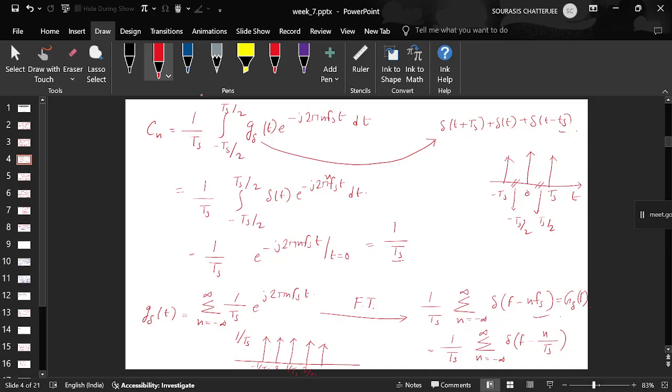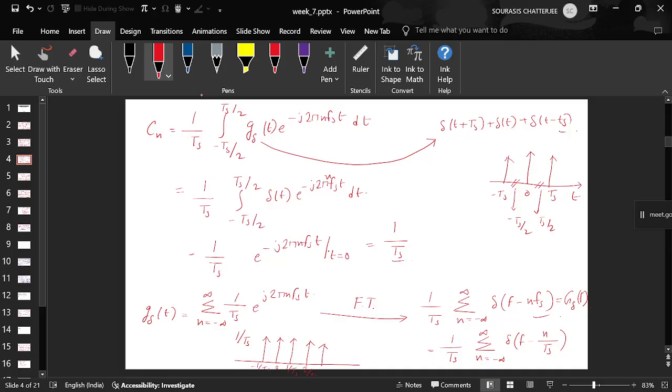So when you talk about this integral limit minus Ts/2 to Ts/2, there is only one impulse, which is at 0, and everywhere else the function has a 0 value. So comfortably in this limit we can replace the train with the delta t function, right? This delta t takes value 1 only when t is 0, and in all other places it's 0.